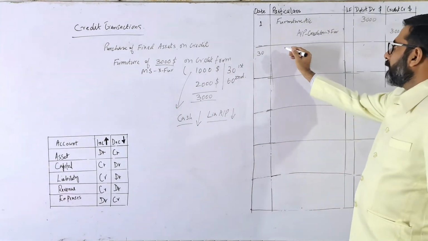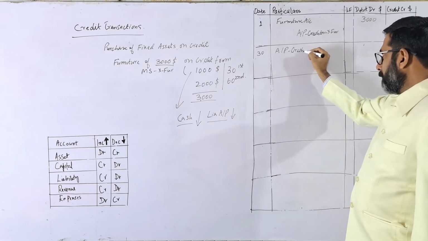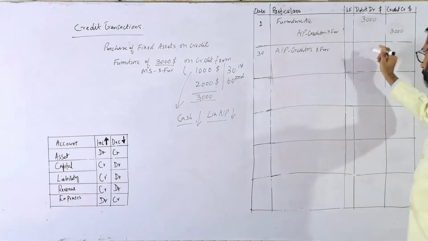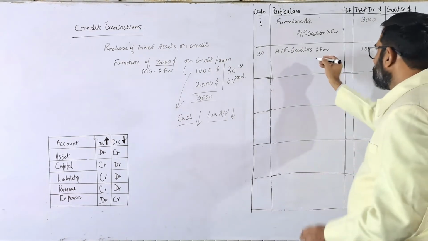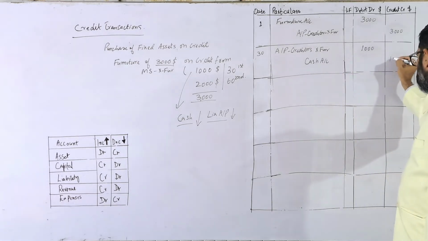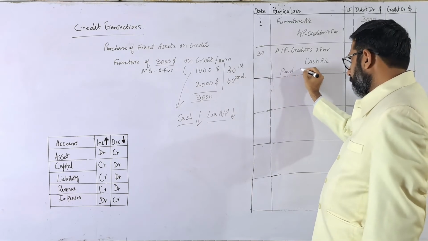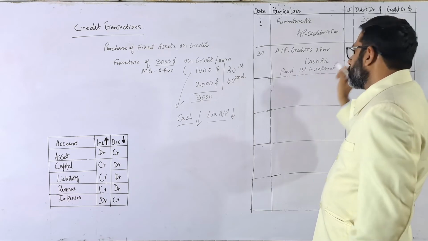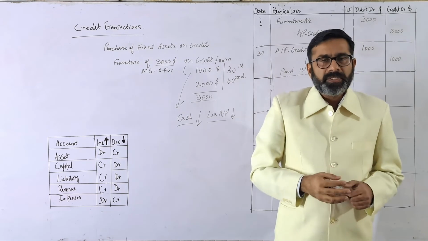We can write account payable, the creditors, X Furniture, as you are paying the first installment of $1,000, and then the cash account $1,000. So paid first installment.